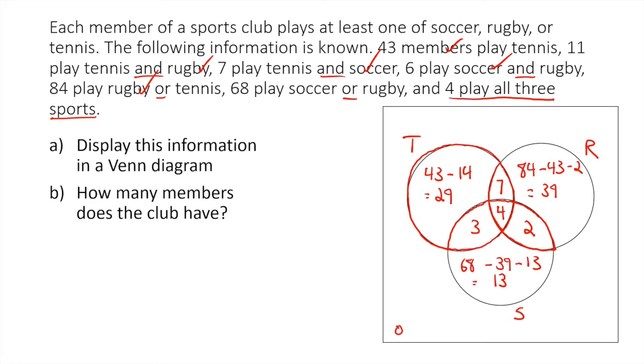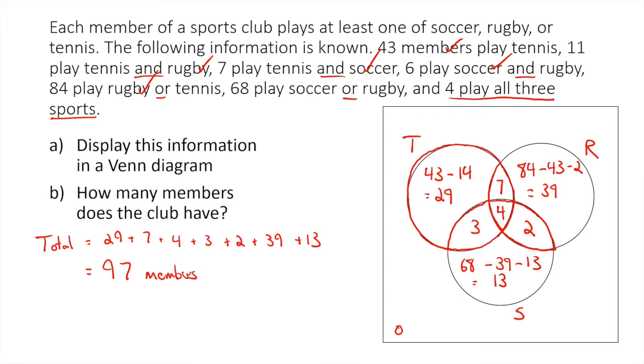And so now it comes down to how many members the club has. Well, because every member plays a sport, all we have to do is add up all the numbers inside. So the total is equal to your 29 plus your 7 plus your 4 plus your 3 plus your 2 plus your 39 plus your 13, and that's going to give you an answer of 97 members.